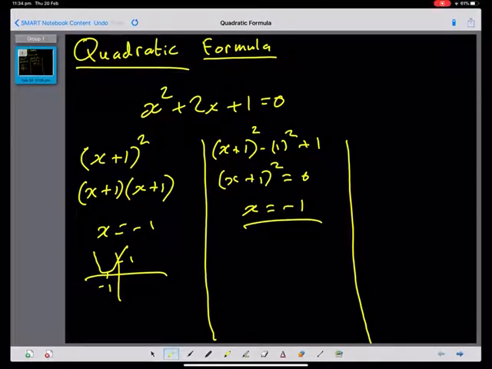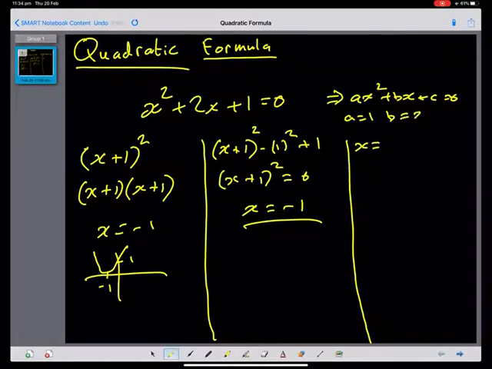We can use the quadratic formula. We compare this to ax squared plus bx plus c is equal to 0. Well, using the quadratic formula, a is equal to 1, b is 2, and c is equal to 1.